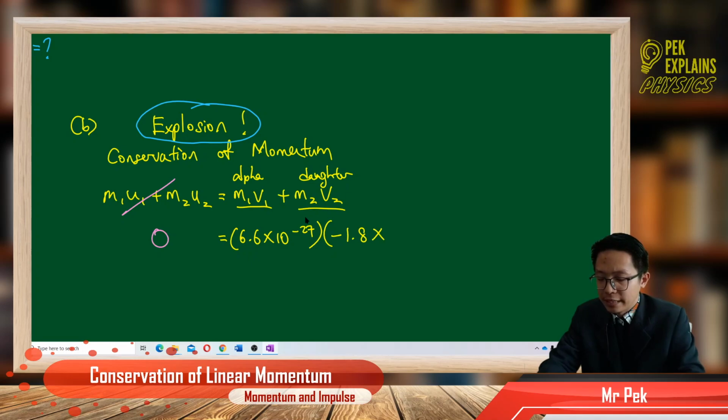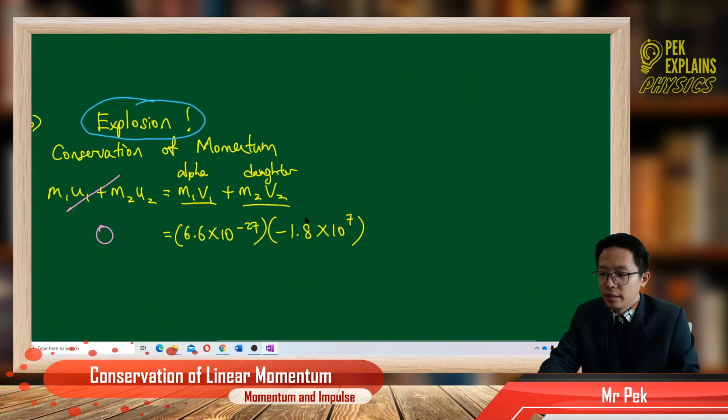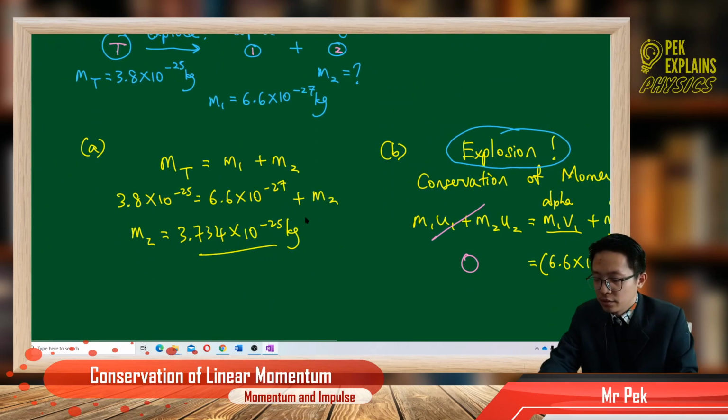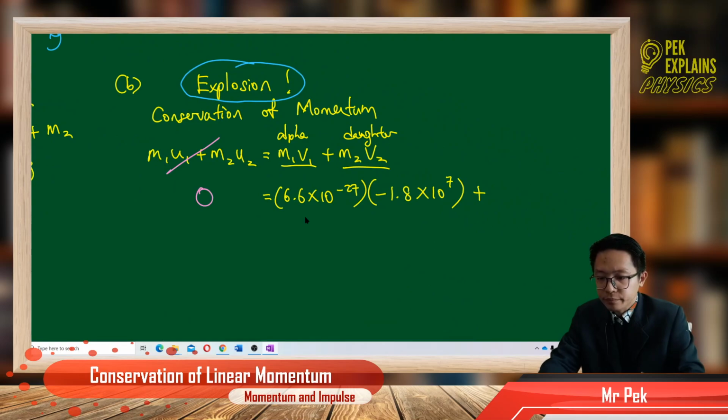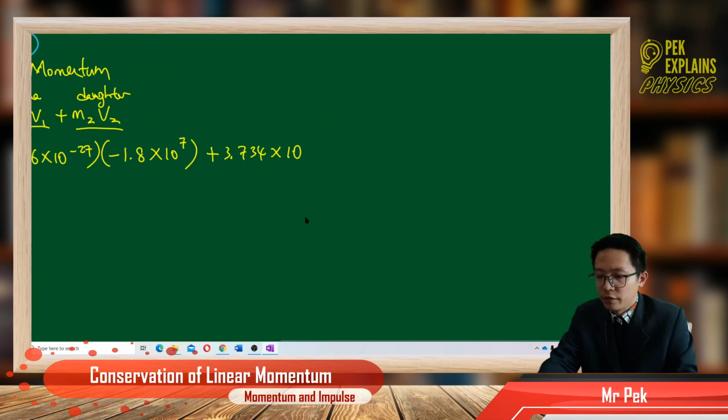Many students forget the negative sign. For explosion, one of the members must move in the opposite direction, so it must have a negative sign. So negative 1.8 × 10^7, right? And now the daughter has a mass we got just now, 3.734 × 10^-25.